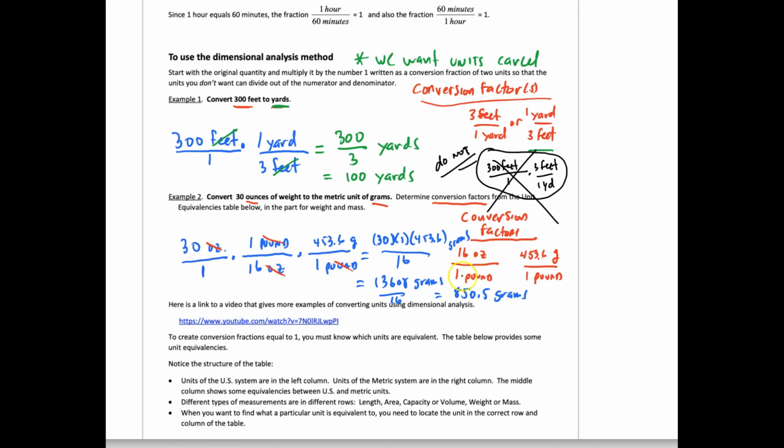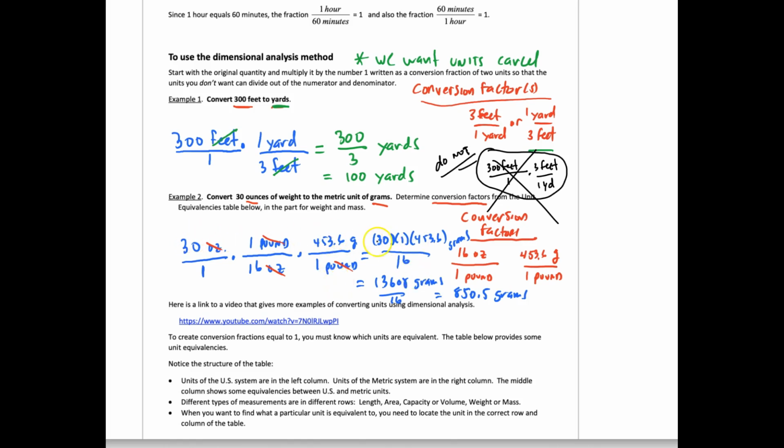Well, I have ounces, so I'm looking at this one here. 1 pound is 16 ounces. Notice top cancels with the bottom. That's why I write it in that manner. Times, since now the ounces are gone, I have the pounds left, and then we multiply by the other conversion factor. You just have to decide what goes on top, what goes on the bottom.